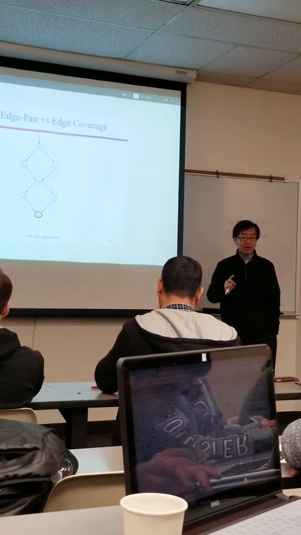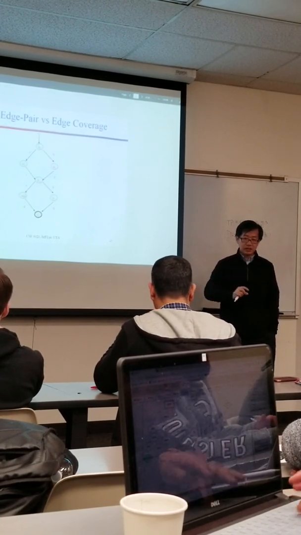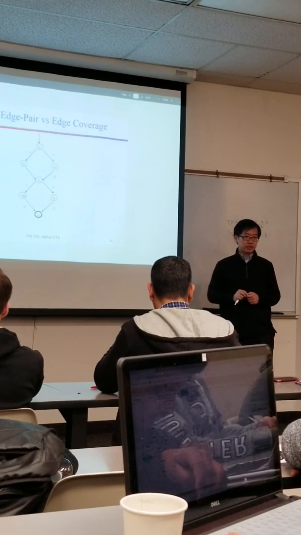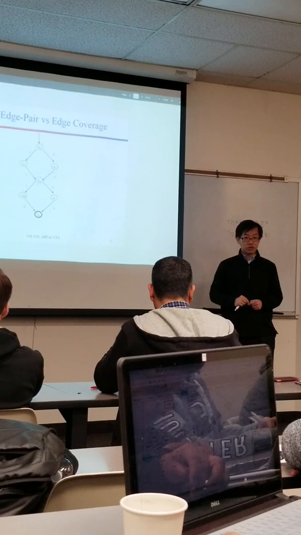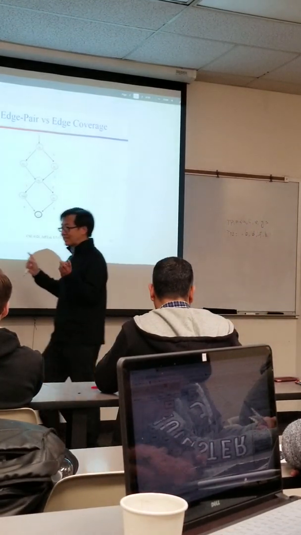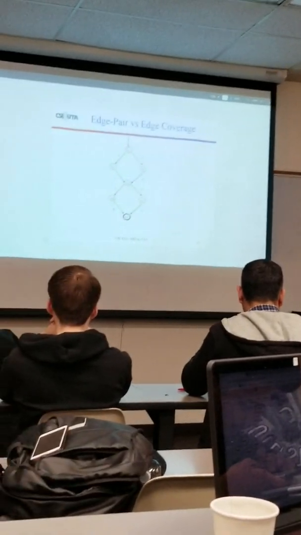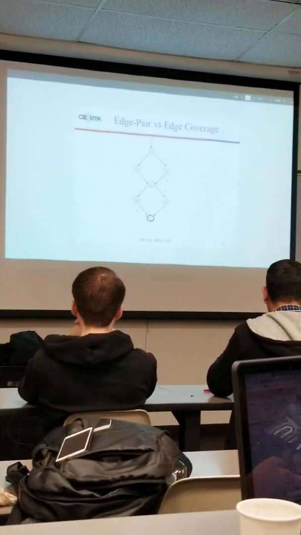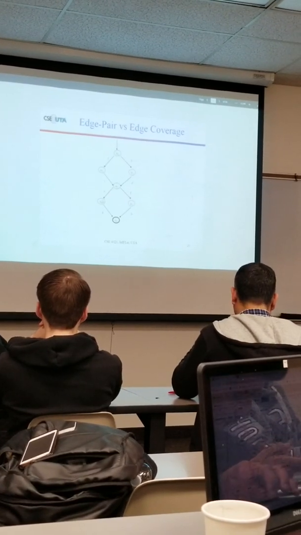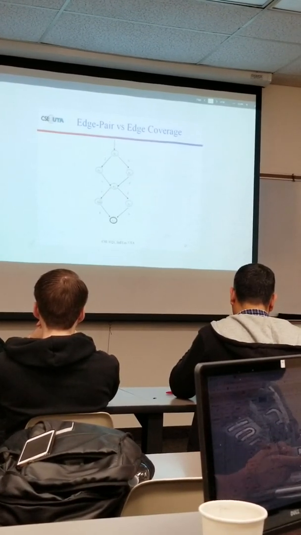And that is why, as you will see, we typically give you multiple coverage criteria so that in practice you could make a choice. So we cannot say one is definitely better than the other.